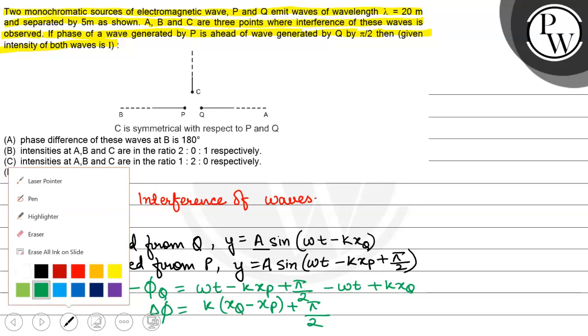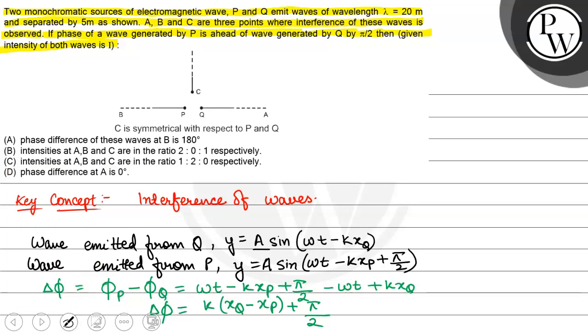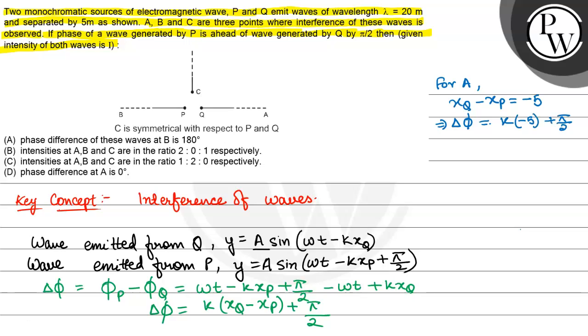Now we will see for point A. For point A, xq minus xp is equal to minus 5 because the distance between P and Q is 5 meter. So delta phi will be equal to k into minus 5 plus pi by 2.